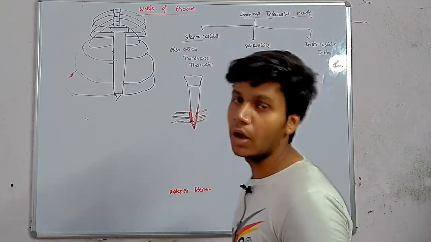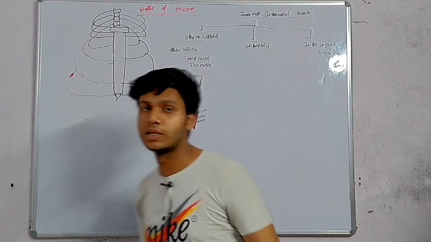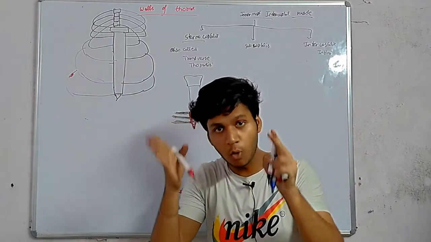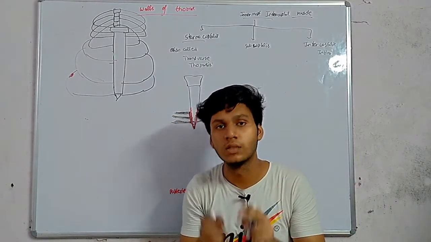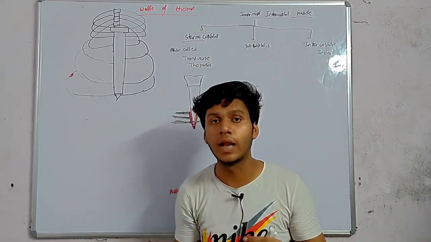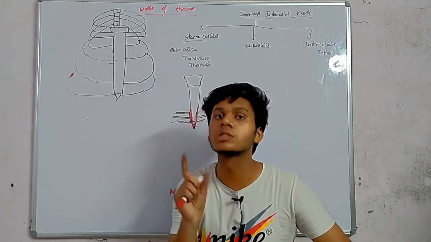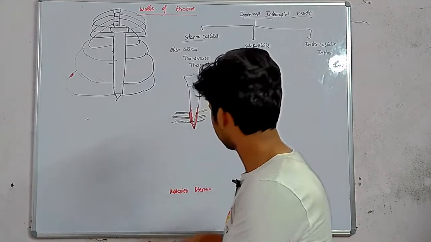This is the origin of sternocostalis: the lateral border of the sternum, lower xiphoid and xiphoid process on the posterior aspect, and some lower ribs' costal cartilage. Let's write the origin.